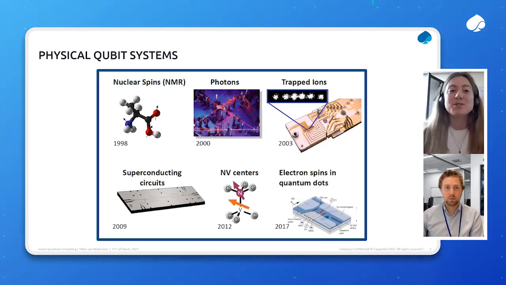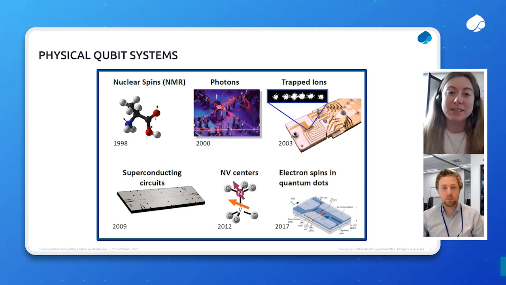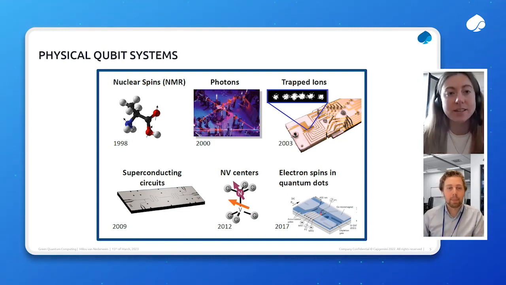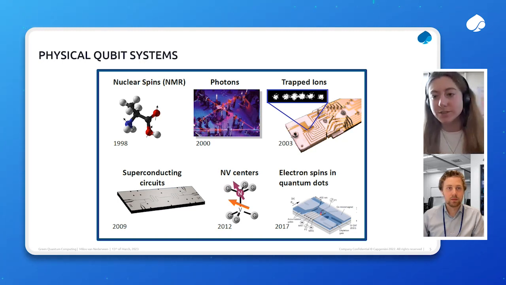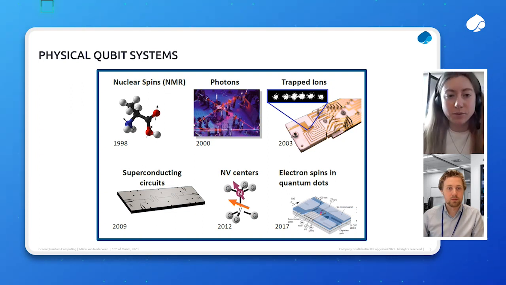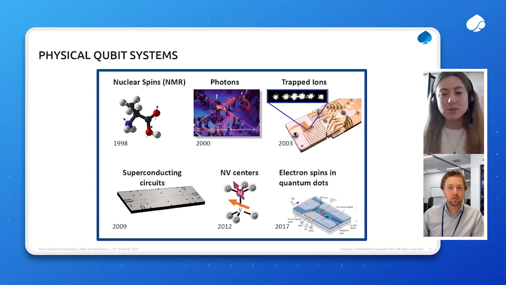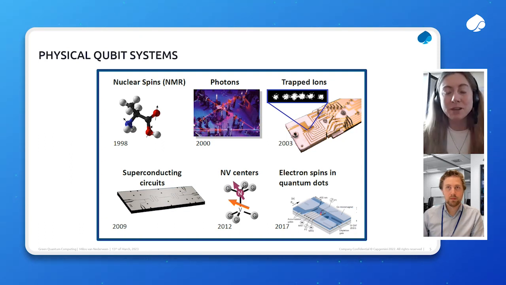This is to show you some of the physical qubit systems that are used nowadays for quantum computing. There's nuclear spin systems, superconducting systems, and V-centers, a large range of them. Today we'll be focusing on superconducting circuits. It's not really important to understand the platforms, but just to give you a bit of an insight of what's currently possible.